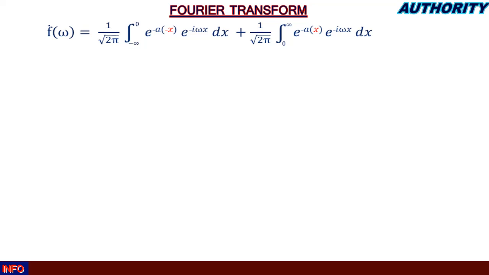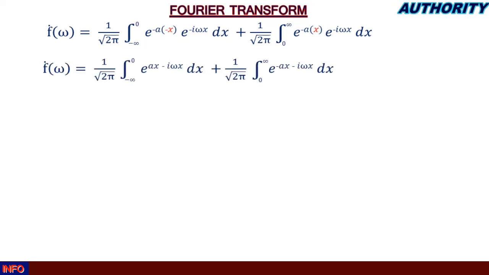This e raised to the power of minus a multiplied by minus x, and then e raised to the power of minus I omega x. So combining these together, applying the law of indices, we are going to have 1 all over square root of 2 pi, the integral from negative infinity to 0, e raised to the power of ax minus I omega x dx, plus 1 all over square root of 2 pi, the integral from 0 to infinity, e raised to the power of minus ax minus I omega x dx.